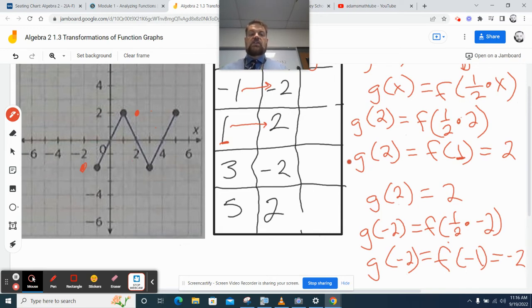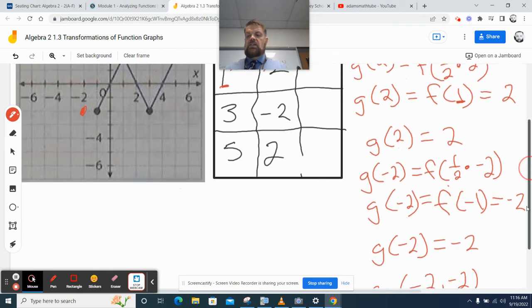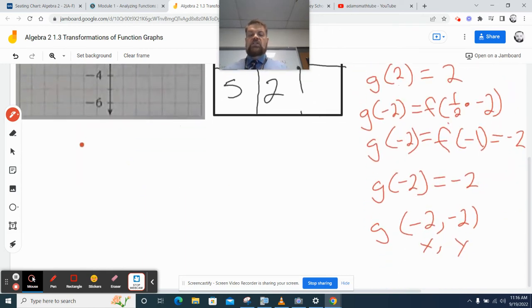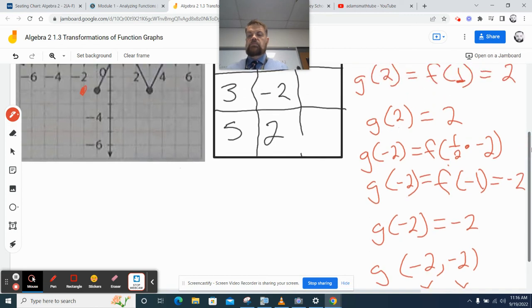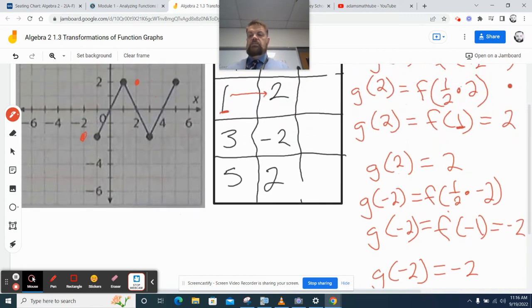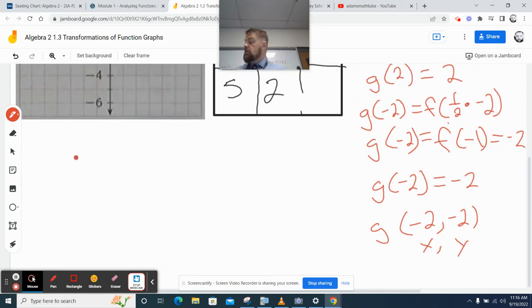Okay, because if I were to continue this, I'm going to run into those things. So without finishing this, let's make a conjecture.